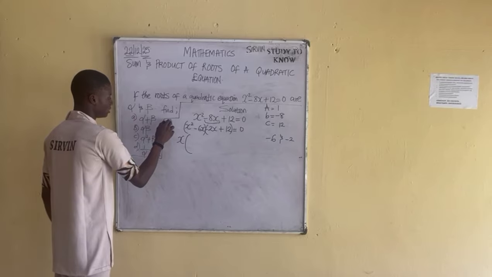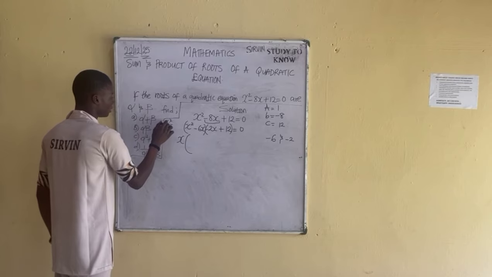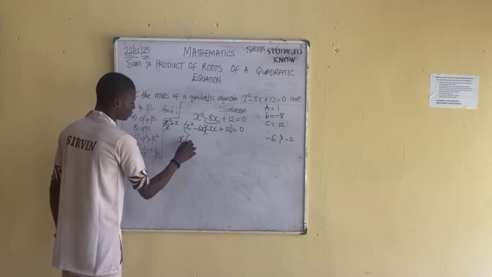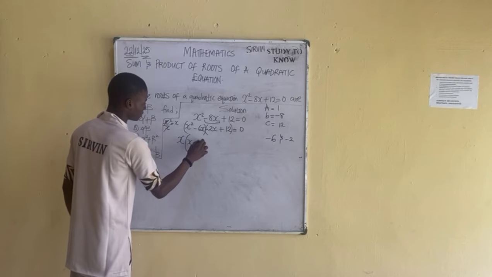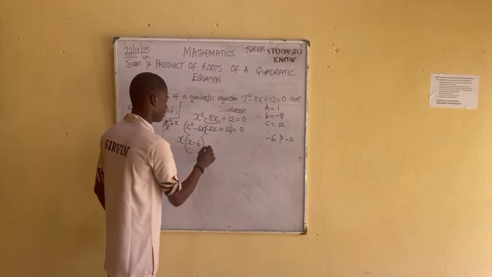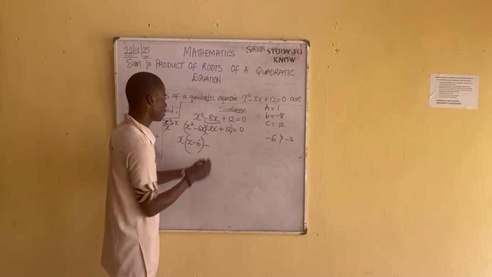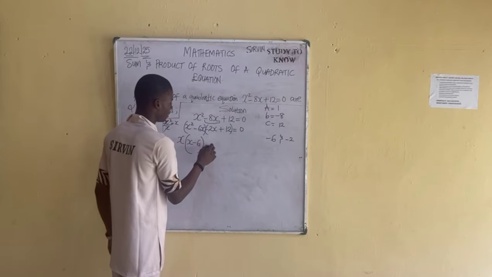This will cancel one of these and I will only have x, which I will now put here. Minus 6x divided by x will give me minus 6. Right? And I said wherever you have minus and plus, minus always takes the least. So 2 is divisible by 2 and by 12. So bring out 2 outside.